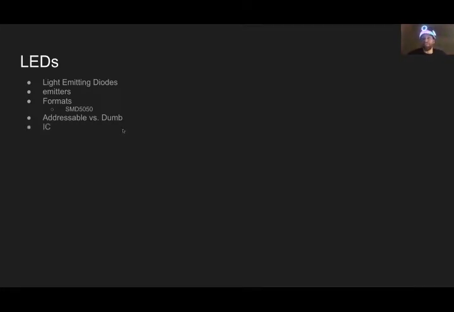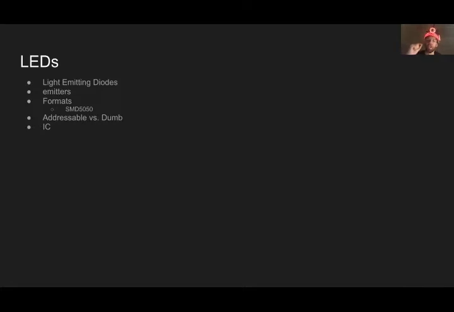Now, what is it that makes LEDs in a strip or on a printed circuit board addressable? How on earth could these little chips that exist in a circuit understand that they're different from one another? So each of these emitters has an integrated circuit associated with it.